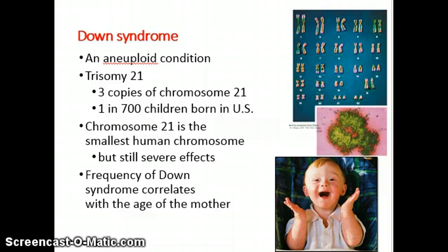It's amazing how many things get tied into having this extra chromosome. Most infants with Down syndrome have a cleft lip, a cleft palate. They have congenital heart disease. They get hernias. They have genital abnormalities. So even though this is a pretty common syndrome, it is a very significantly damaging syndrome.